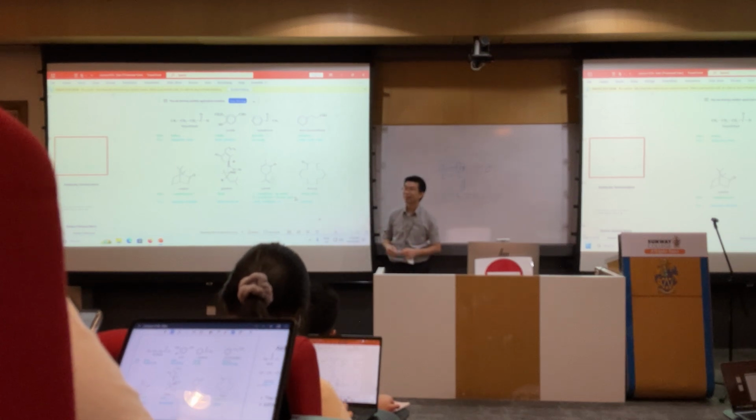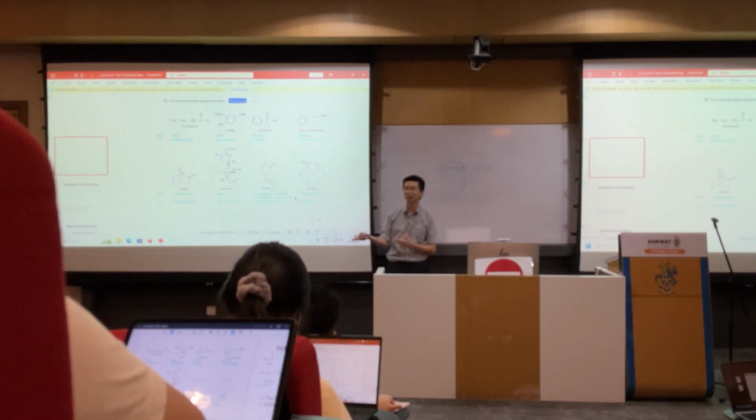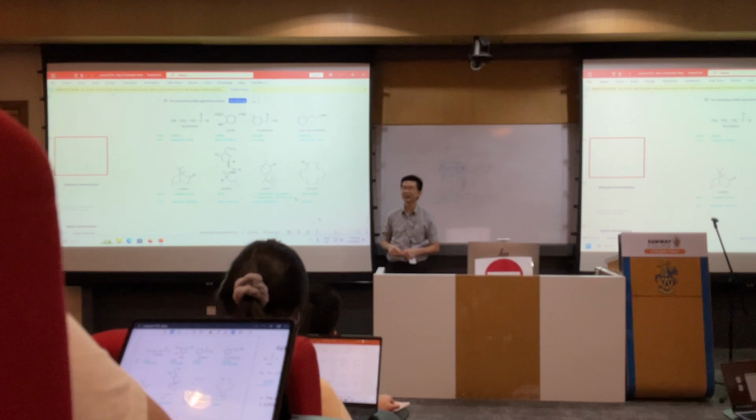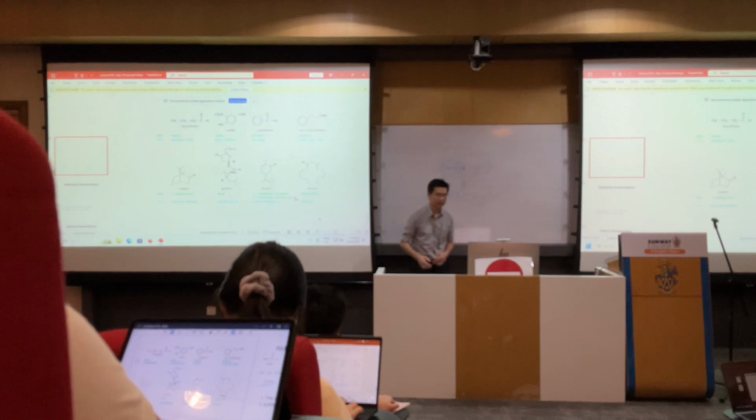Yes, exactly. Because our receptor is also chiral, so we can sense different chiral agents with different odors. Because the receptor reacts differently with different enantiomers.